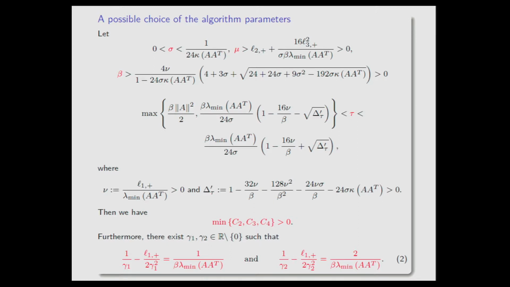Then we can construct mu, beta, and tau such that this condition is fulfilled. And even more, we can solve these two quadratic equations, and we can find solutions gamma 1, gamma 2, which are non-zero. And I'll explain later why this is important. So for the choice of beta here, we can find L1, and we can find gamma 1, gamma 2 with these properties. Okay, so this looks very technical.